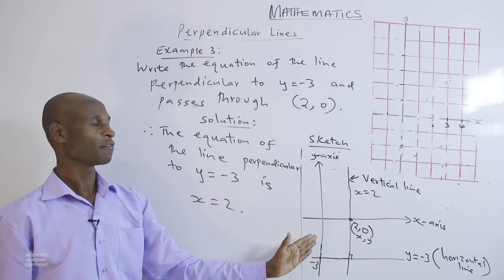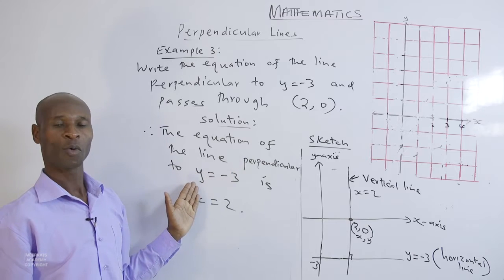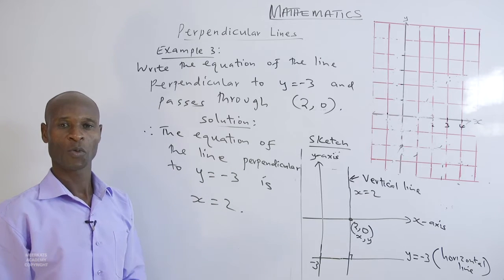The equation of the line perpendicular to y is equal to -3 is x is equal to 2.